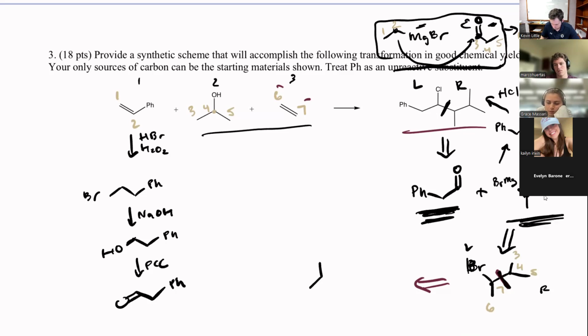I'm making a carbon-carbon bond. Carbonyl. So my left side had to have been my carbonyl side because it is the side that ends up with the heteroatom. That means my right side had to be what? Grignard.